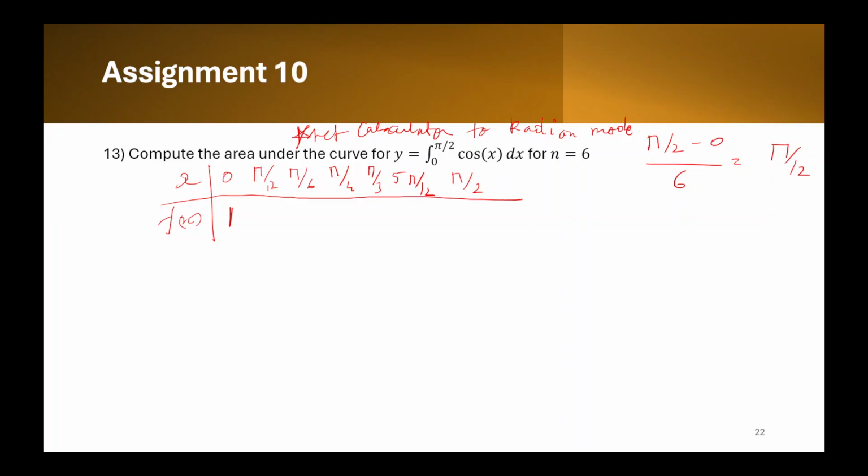Cos of pi by 12 will be 0.9659. Then cos pi by 6, 0.866.